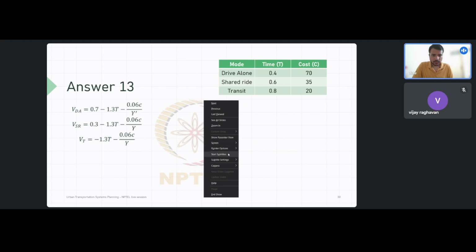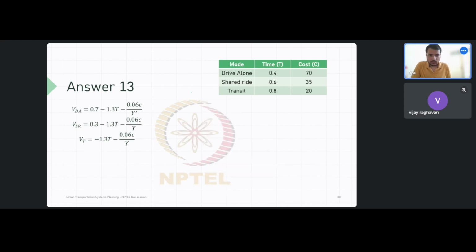So we have the data, we have the equations. Let's start. So here instead of 20, we will use 30.